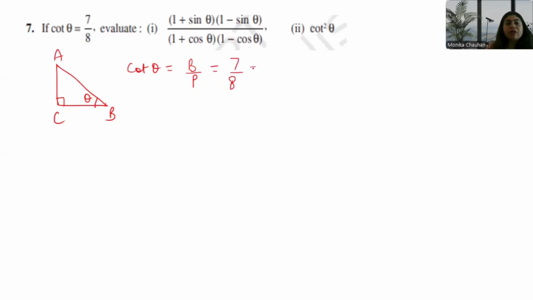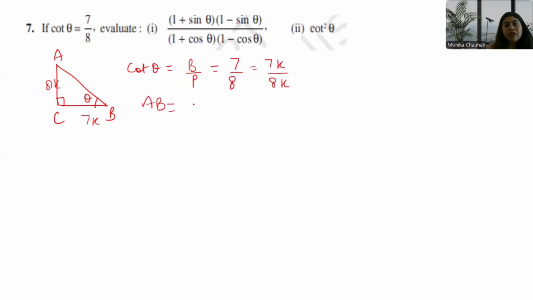Okay. So when we write this, let me assume our base to be 7K and perpendicular to be 8K. So 7K and 8K. Now, what is the hypotenuse? AB is the hypotenuse in this.